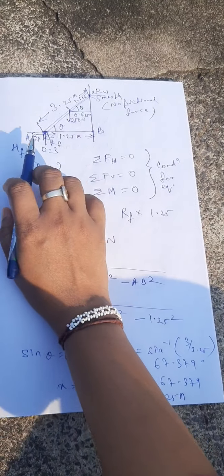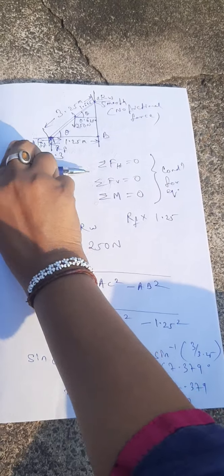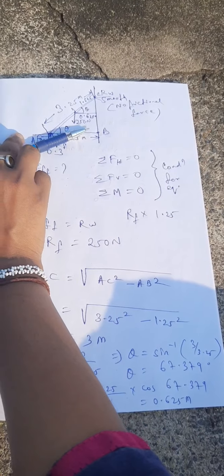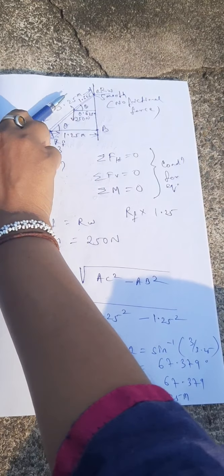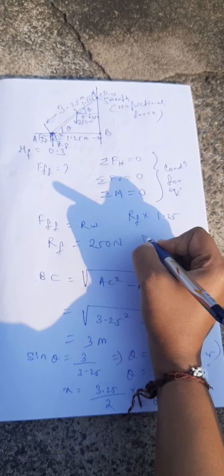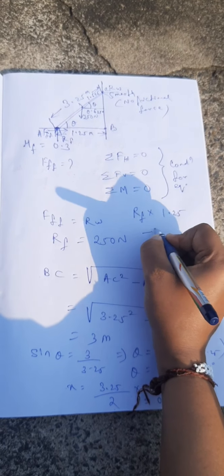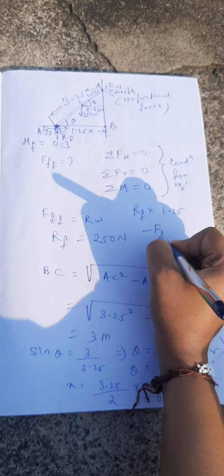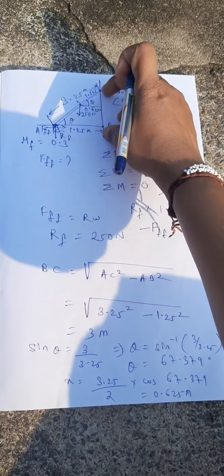And what is the direction of this moment? It is acting at this point like this, so it is an anti-clockwise direction, you can see. So the frictional force is producing an anti-clockwise moment, so minus frictional force into its perpendicular distance.